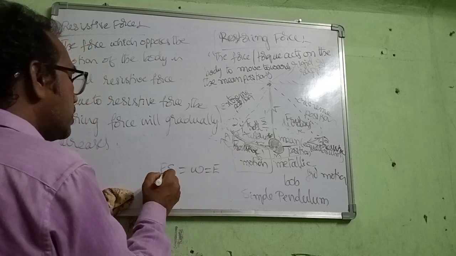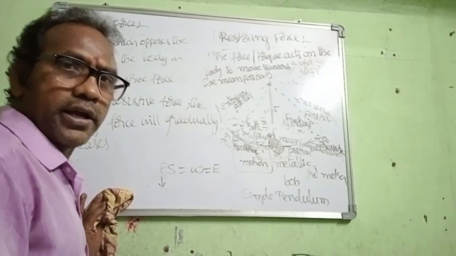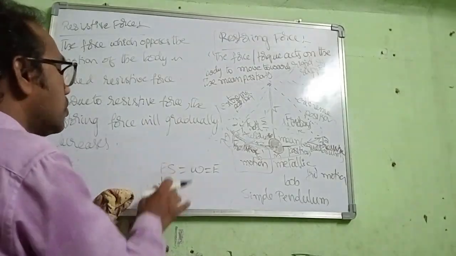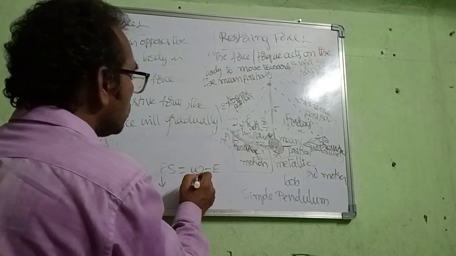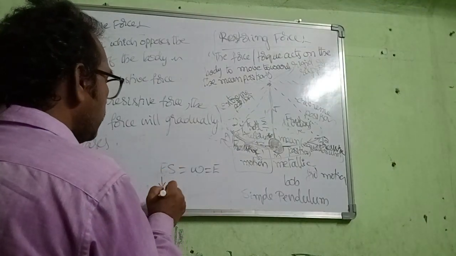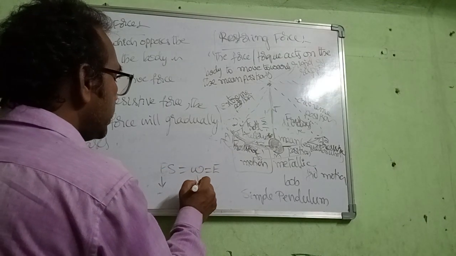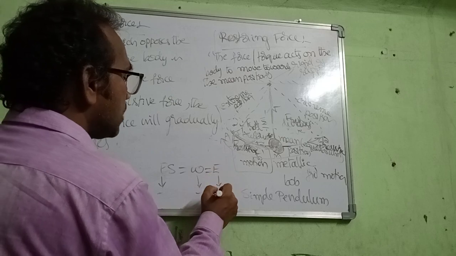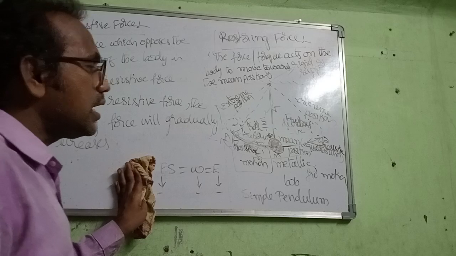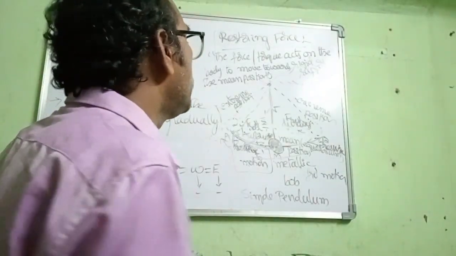So due to the decrease of force, automatically work done will also decrease. Due to decreasing of force, work done also decreases. So total energy also decreases. Okay? So automatically the energy will be reduced.